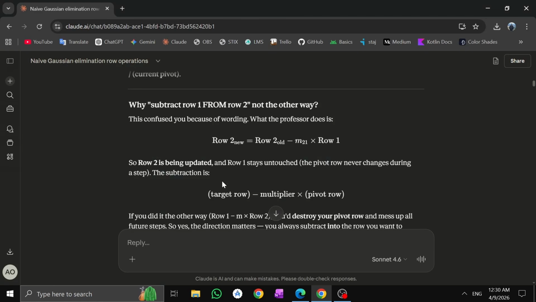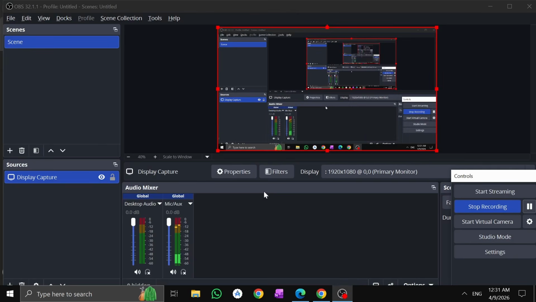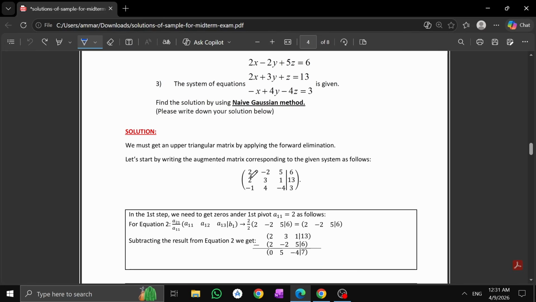So basically you have this: target row minus multiplier times the pivot row. What does this mean? We want basically to do some operations on this row to get this 2 to be 0. We start from this one, get it 0, then move to this one, then move to this one.